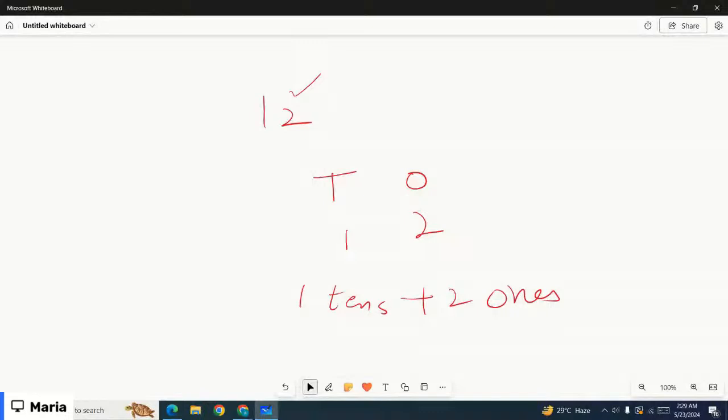Okay, the next one is 11. How do we write it as tens and ones?